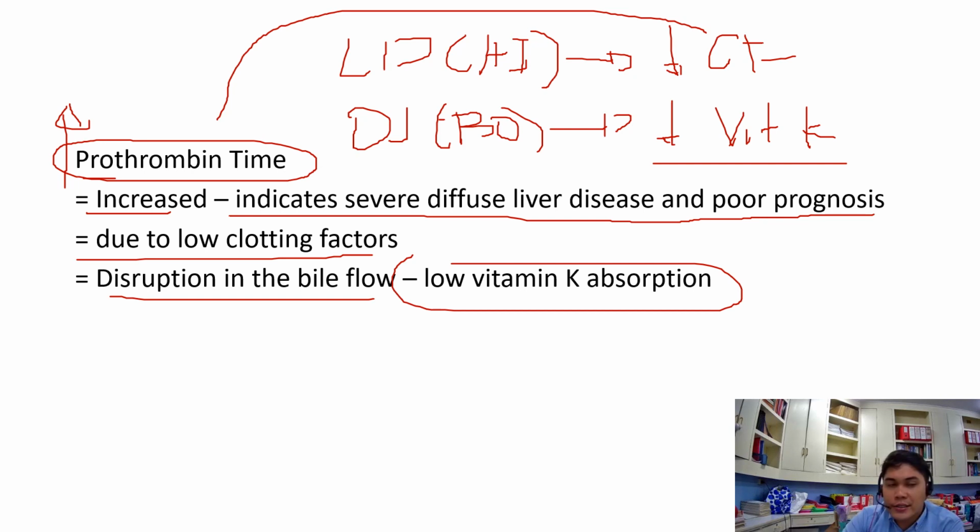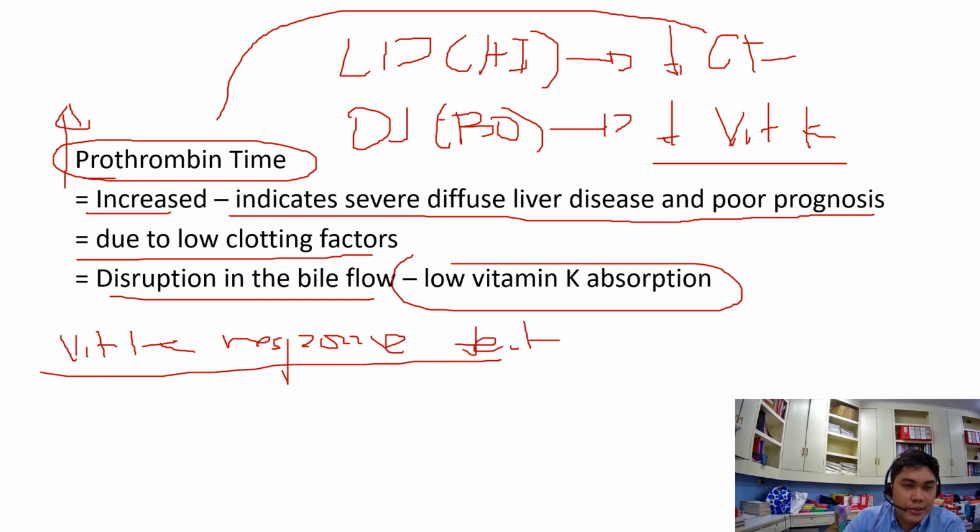Now, next is how to differentiate the causes of increase in prothrombin time. So you need to perform the vitamin K response test. Okay, vitamin K response test. Now, what is the use of the vitamin K response test, or how to perform it?